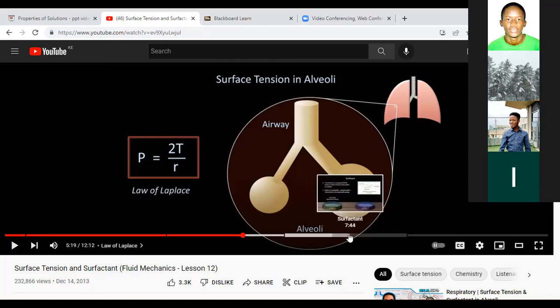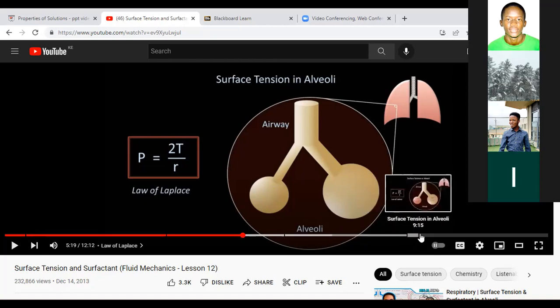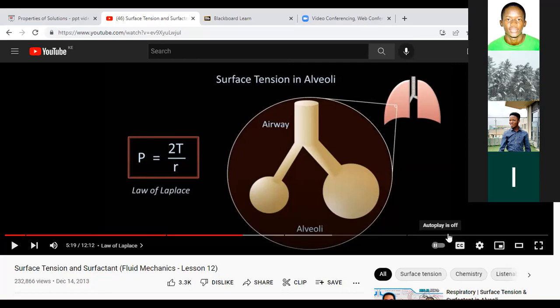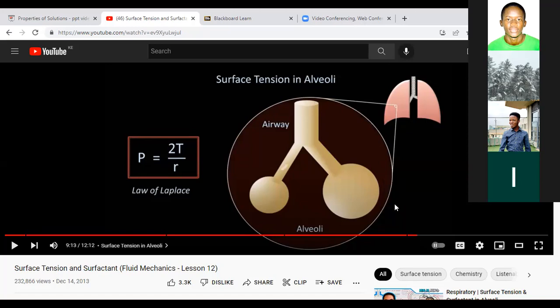Further, when you add, in this case, like I told you, just watch the video. It is going to show you what is happening. So at this point, it will tell you about the role of surfactant.